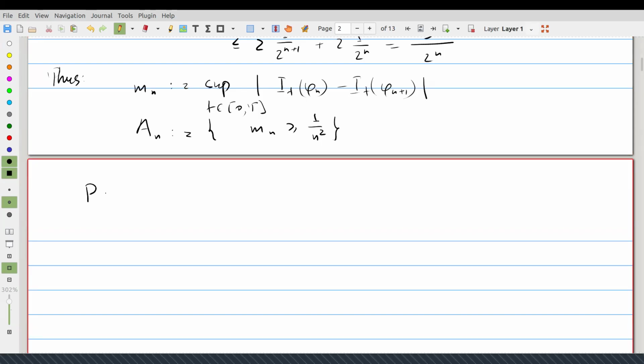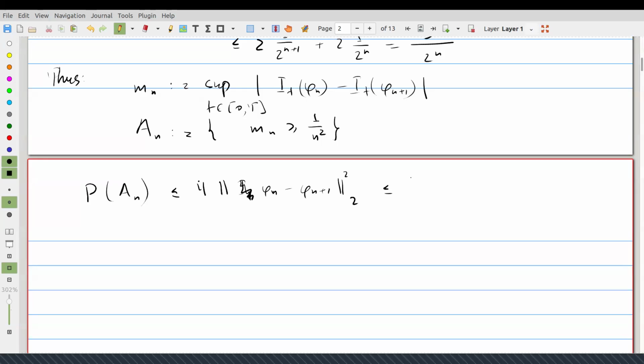Then, by the proposition we just recalled, the probability that this happens is less than 4 times the norm of effectively the expectation of phi n minus phi n plus 1 squared.